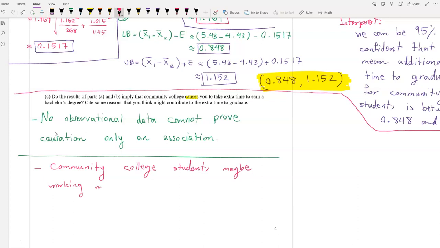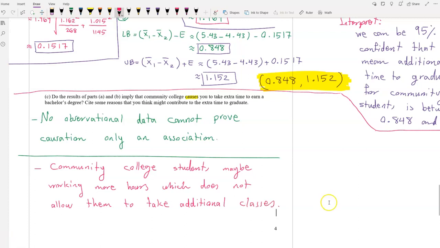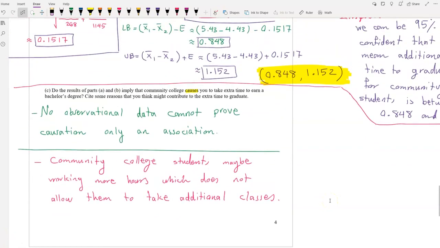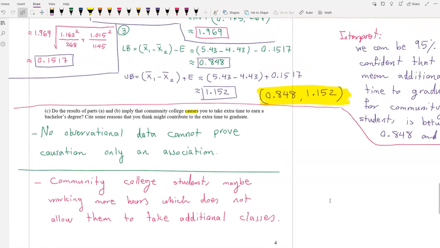Maybe working more hours does not allow them to take additional classes. So this was all that we had for this section.